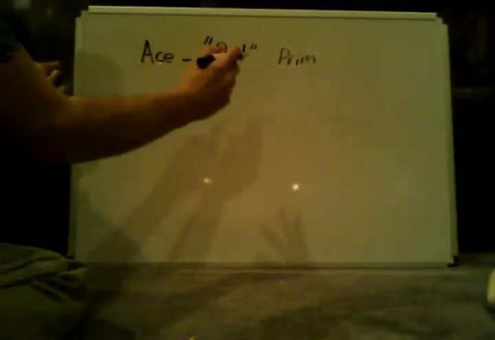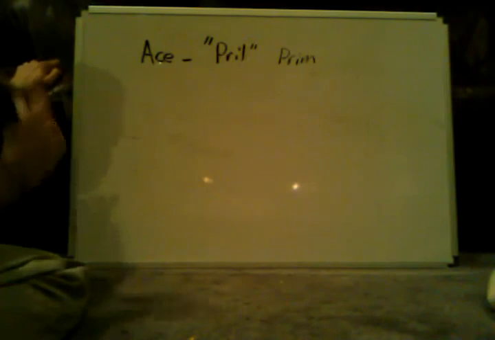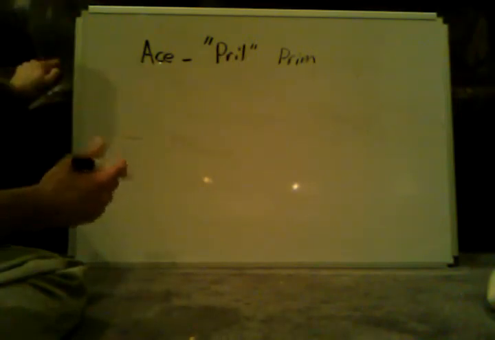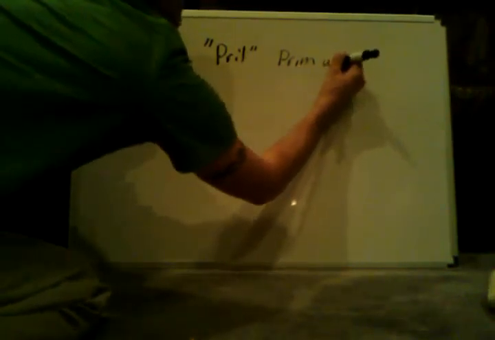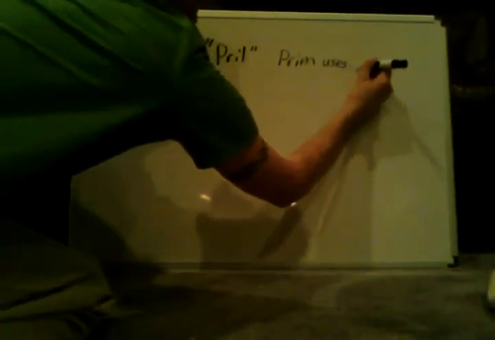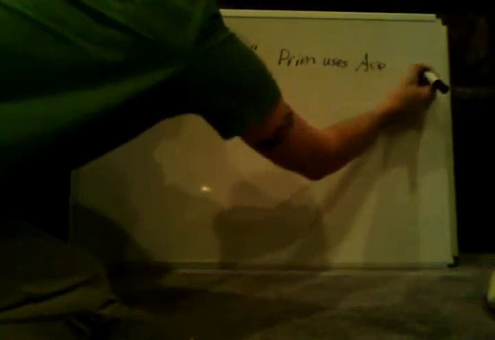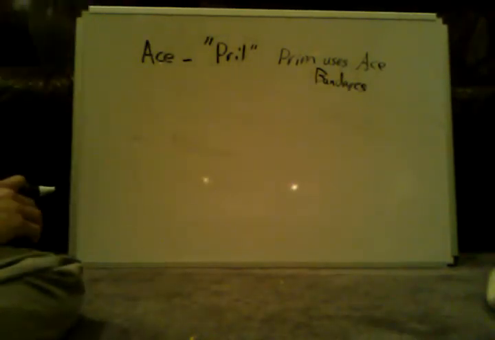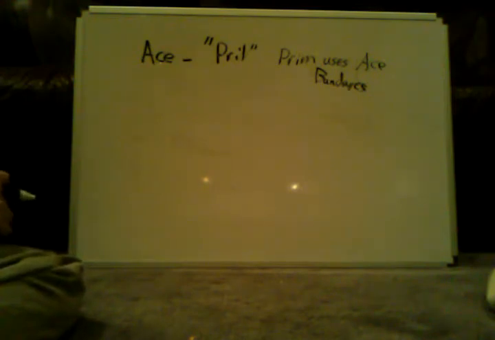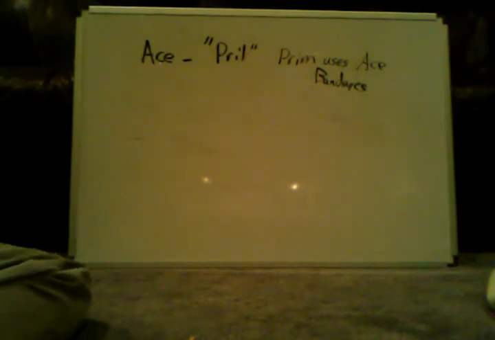And Prim likes to help people who are injured. So she uses ACE bandages. And that's just what sticks in my head. So if you like that, then you can go ahead and use that.